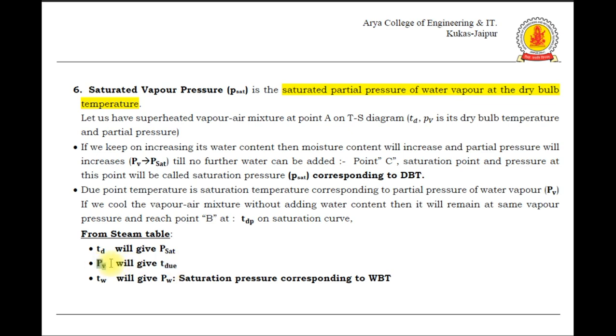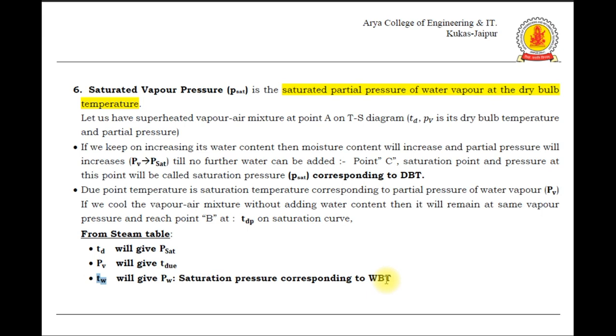Here we will have to use the Carrier equation and find out partial vapor pressure every time. One more thing is, if we are given wet bulb temperature and look at the pressure corresponding to this temperature, then we will get saturation pressure corresponding to this wet bulb temperature.